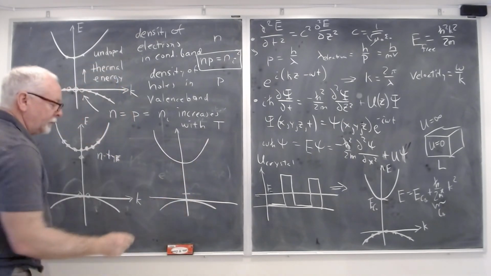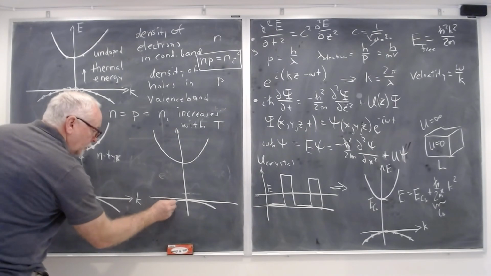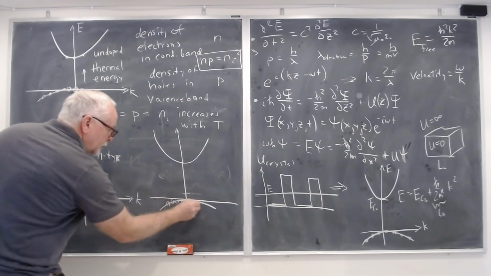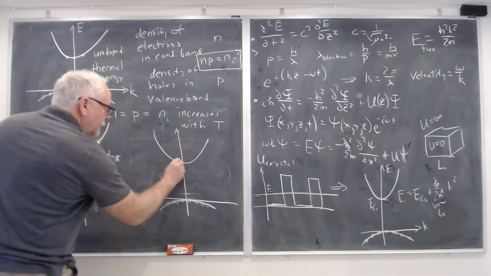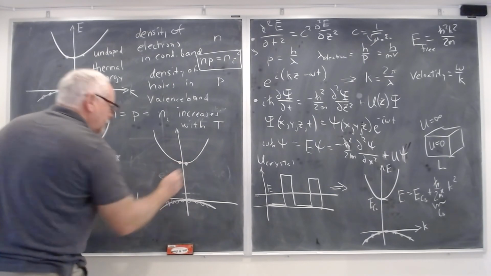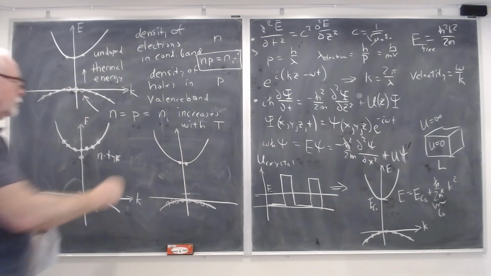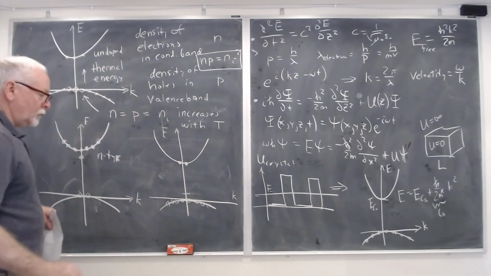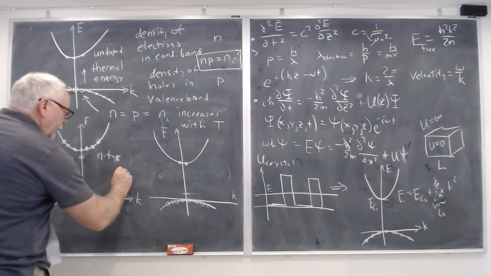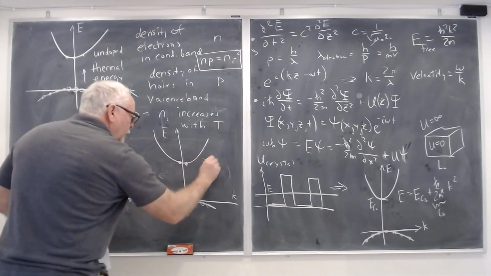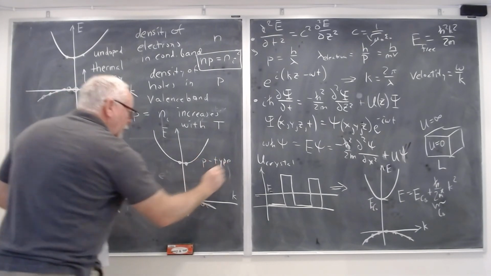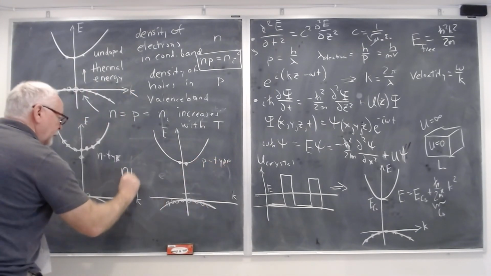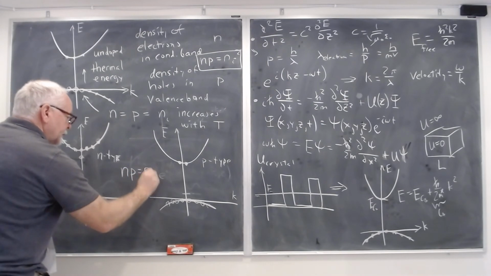I have a state near the valence band, and it leads to a lot of holes and just a few electrons. And for both, N times P is a constant, Ni squared.